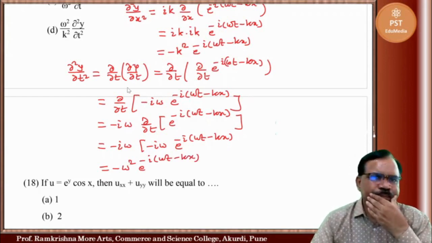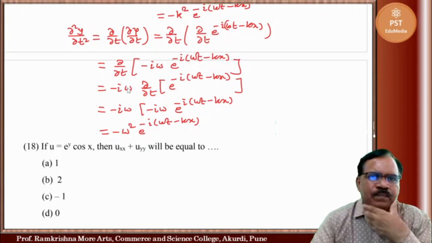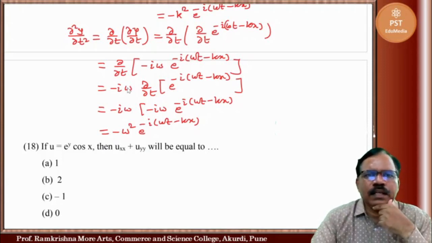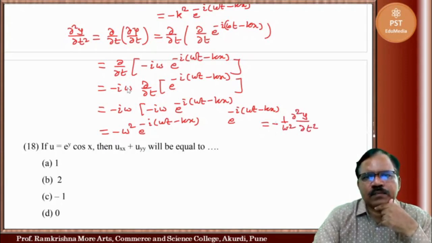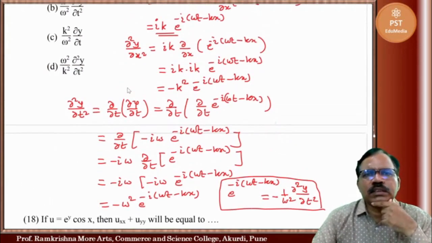So here if we see, e raised to minus i(ωt minus kx) will be equal to minus 1 upon ω square ∂²y/∂t². We got this. Now use this here.